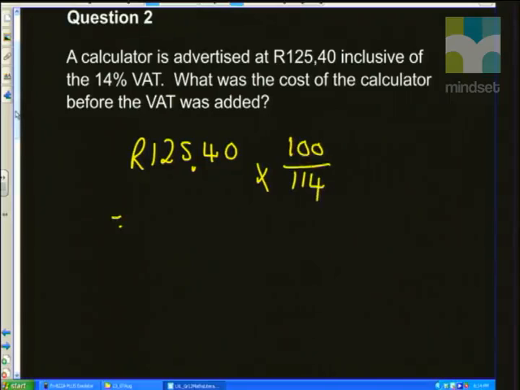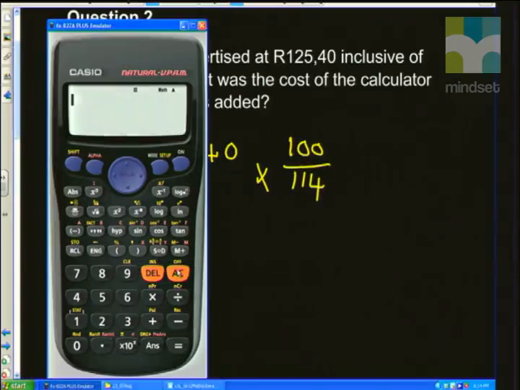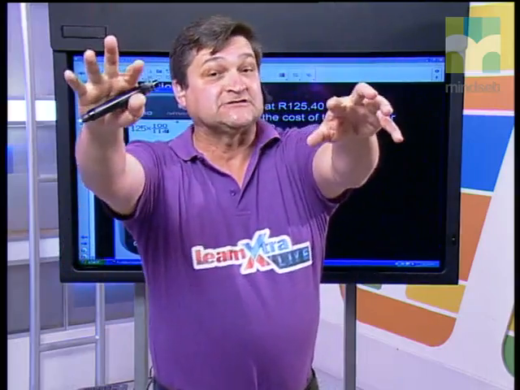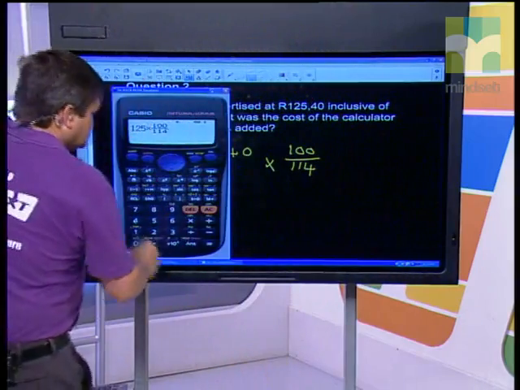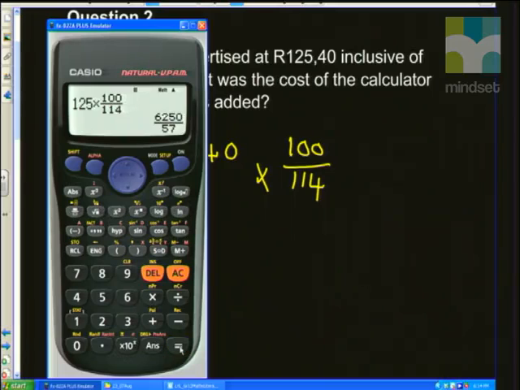I'm multiplying by 100 over 114 and not 114 over 100, because multiplying by 114 over 100 means I'm adding tax. Doing it the other way means I'm taking the tax away. Okay, so equals, voila, and there's my answer.